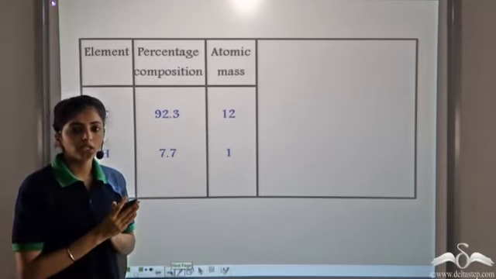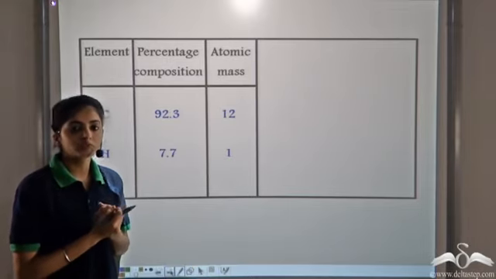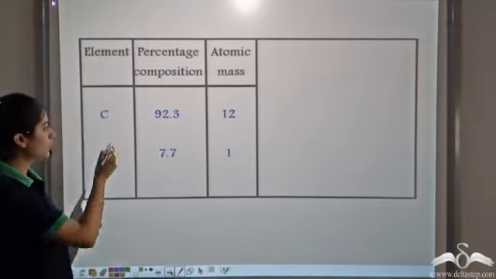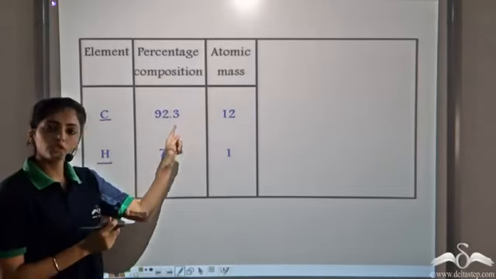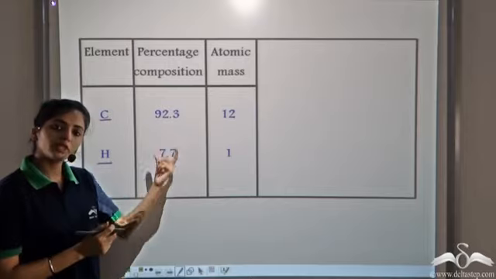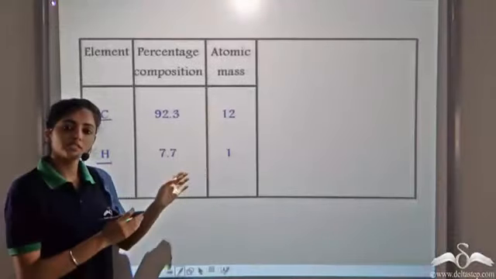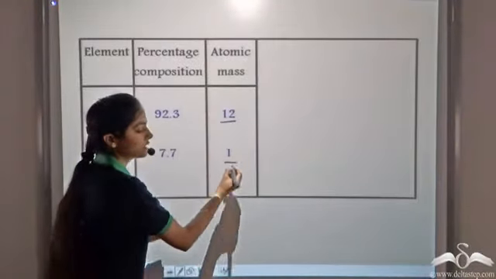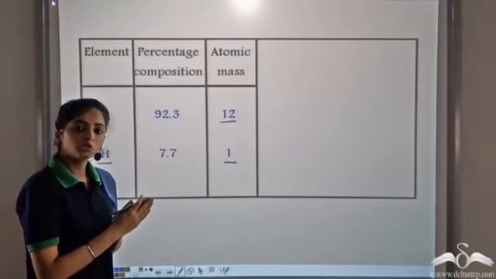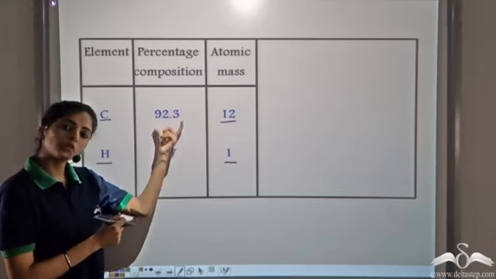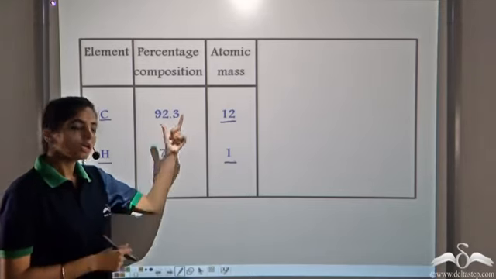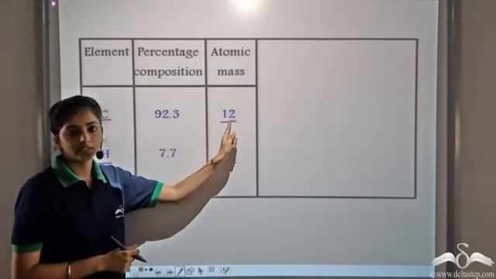Now we have to calculate the number of atoms of carbon and hydrogen. We know the total percentage composition of each, and we know the mass of each atom. So in order to calculate the number, we divide the total percentage composition by the mass of one atom.